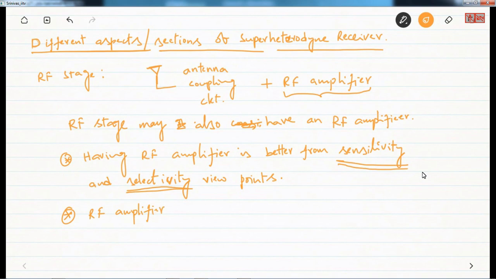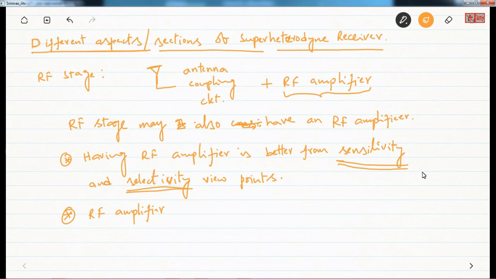The input to the RF amplifier is from the antenna coupling circuit, which is a tuned circuit, an RL or RC or RLC circuit. This already has a bandwidth centered around the carrier frequency. Say we want a radio station whose carrier frequency is 660 kilohertz.